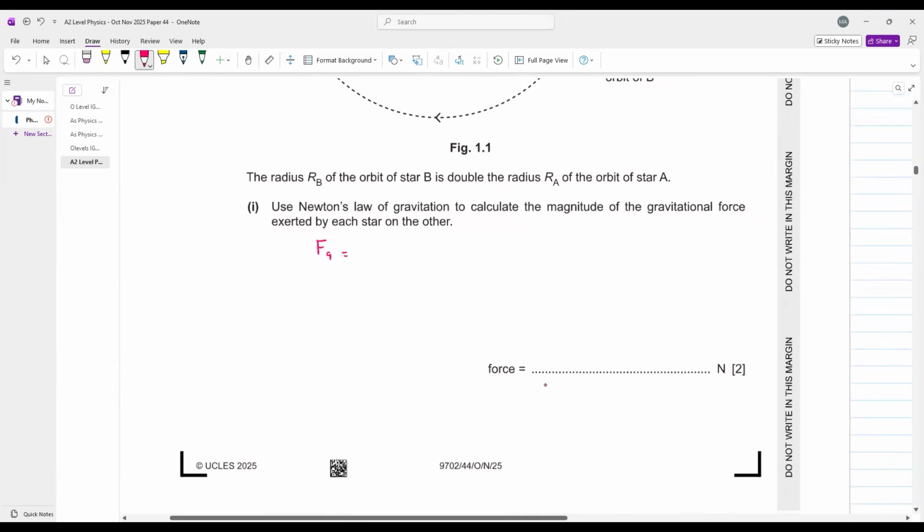Gravitational force is equal to capital G, the gravitational constant, times the mass of the first star, times the mass of the second star, divided by the separation between them squared. The gravitational constant is 6.67 into 10 raised to the power of minus 11.